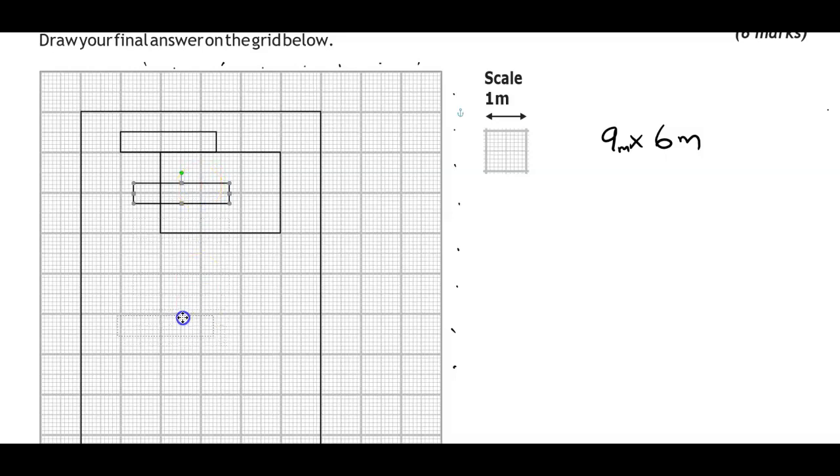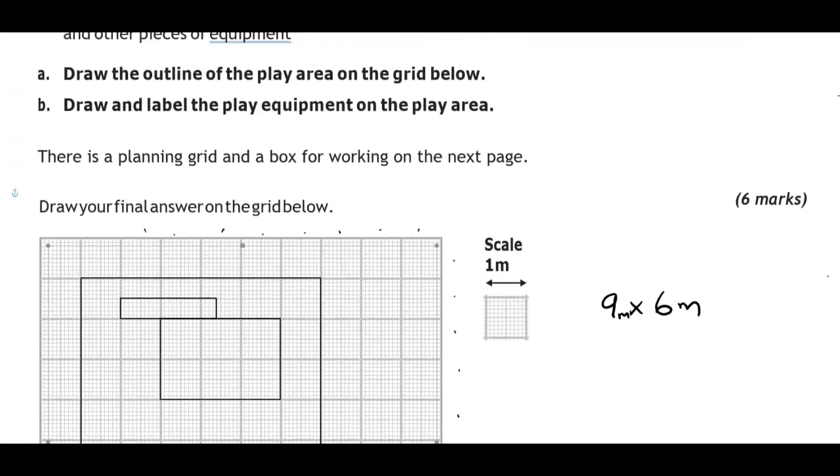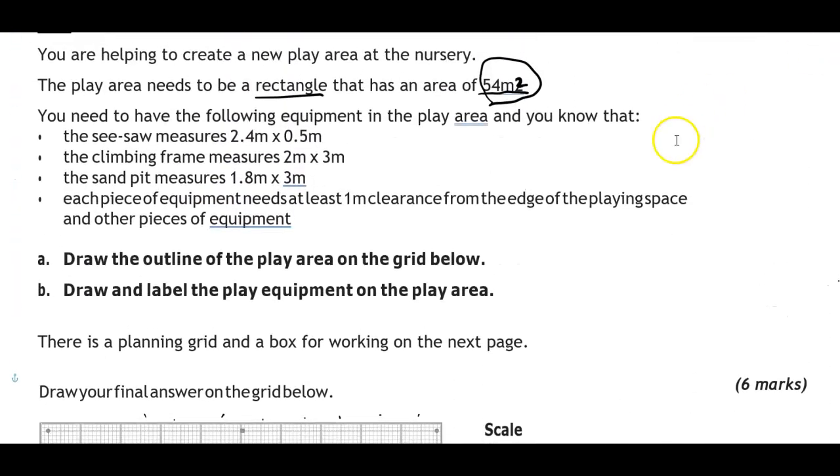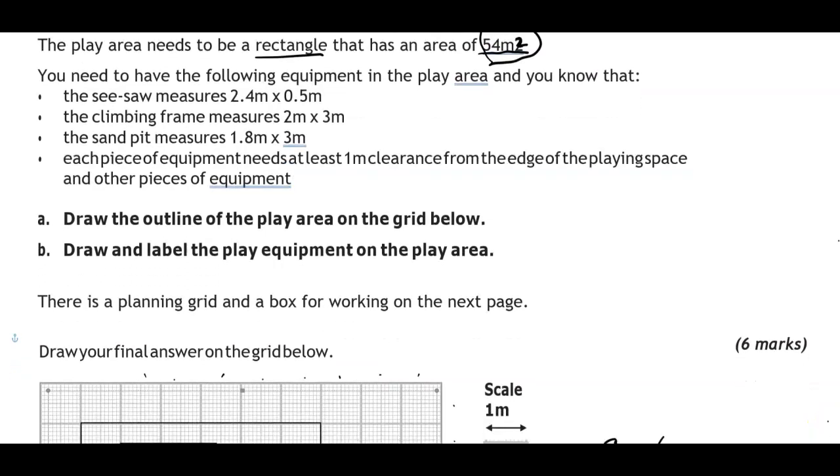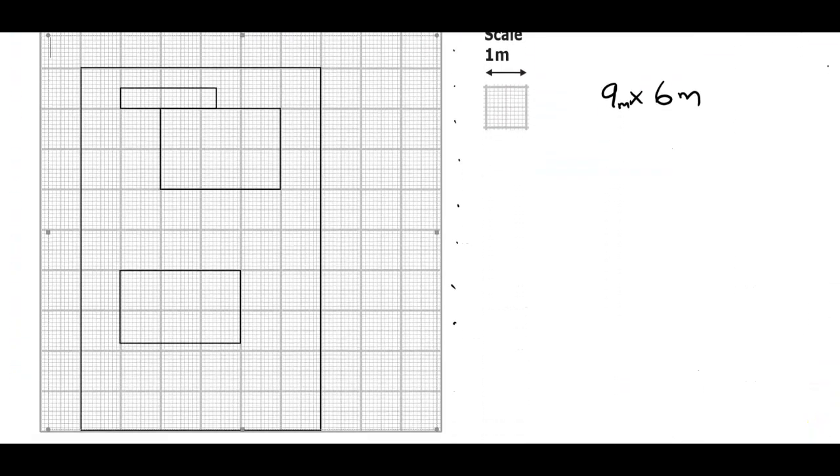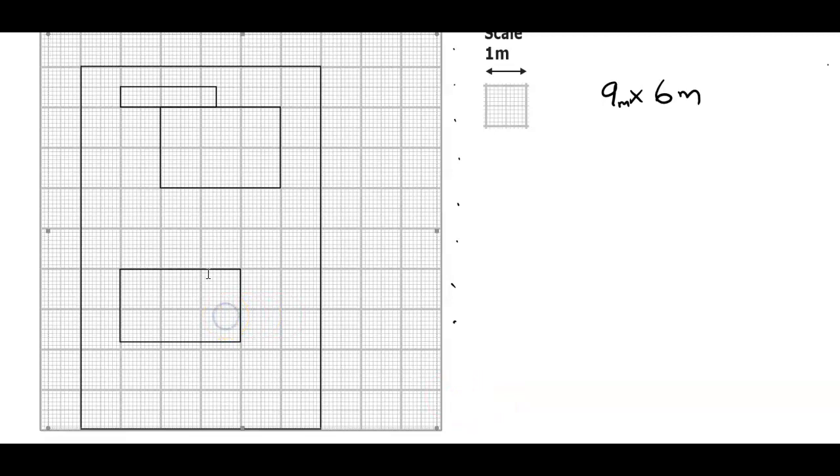So 1.8 by 3. There is a length of 3, and then we have 1.8. So now we need to leave a gap of 1 meter between them. Yeah, at least 1 meter clearance. So I'm going to have to move some of these away.